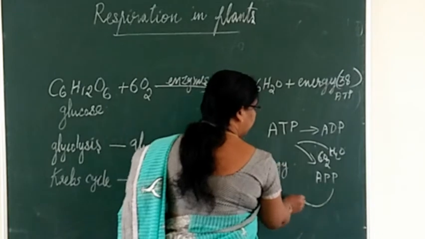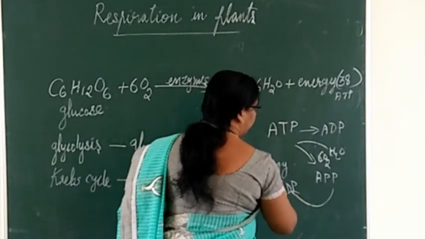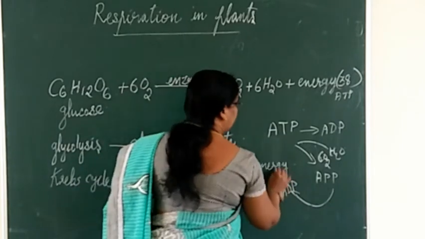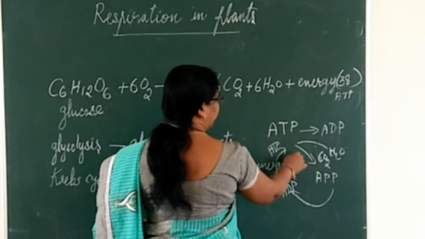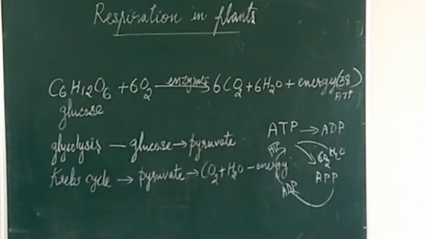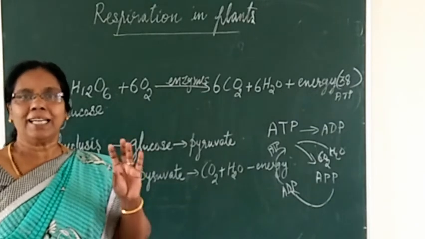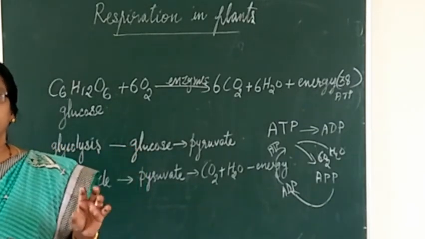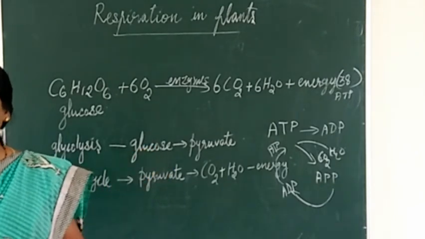When it is used, it will be converted into ADP, and again when more and more energy is needed, adenosine triphosphate is used. So I think you understood all these things. ATP is called the energy currency of the cell, because ATP stores this energy.